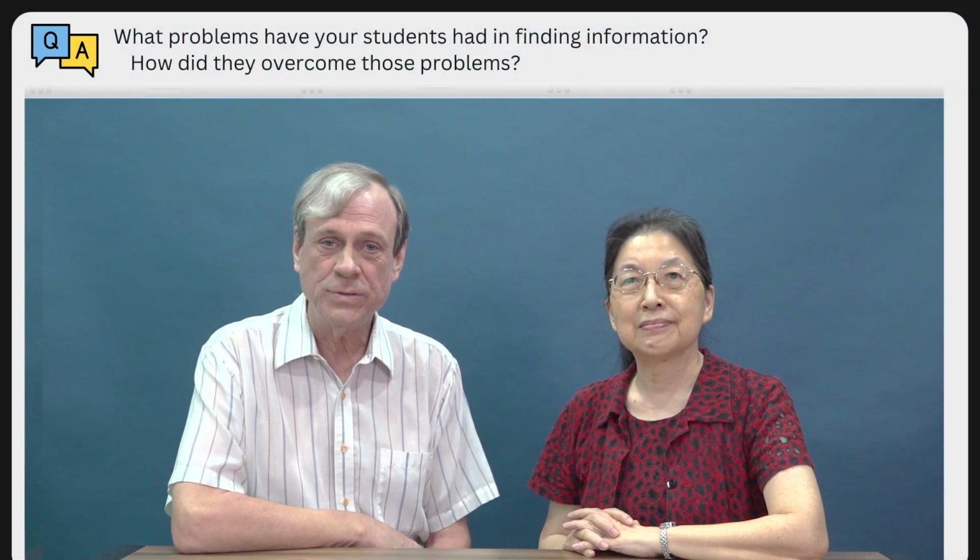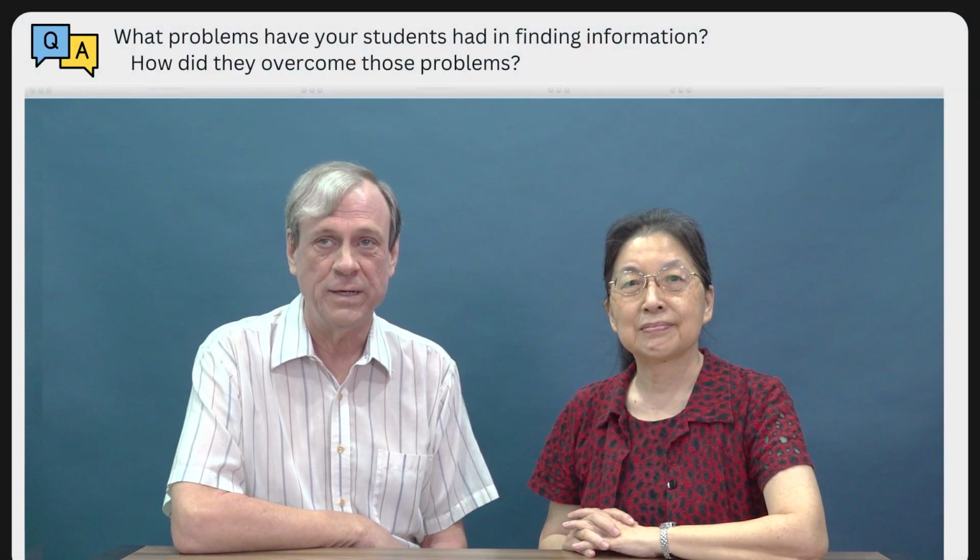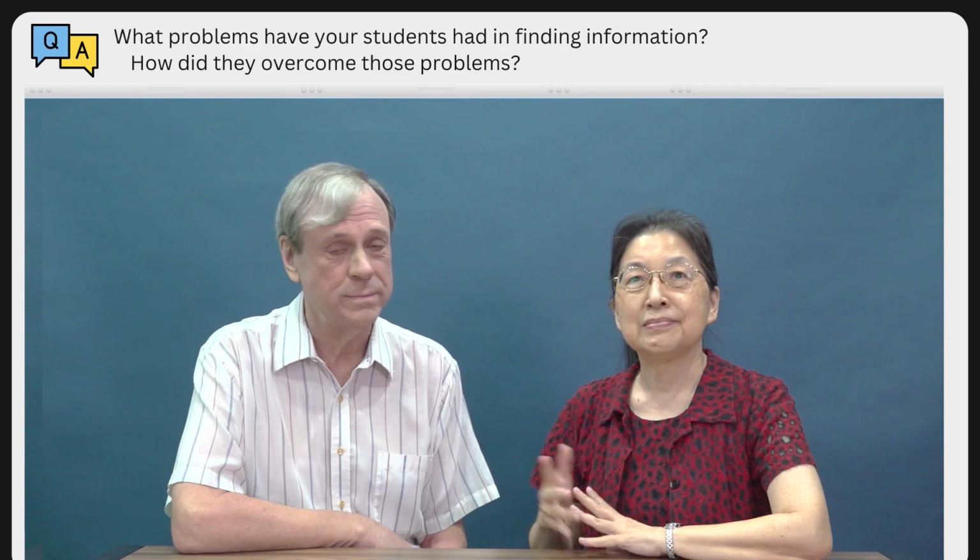But now we're going to talk a little bit about some of the issues related to finding information. Okay, since we're in different fields, probably your students have slightly different problems finding information than students would in science. So what problems have your students had in finding information, and how did they overcome those?